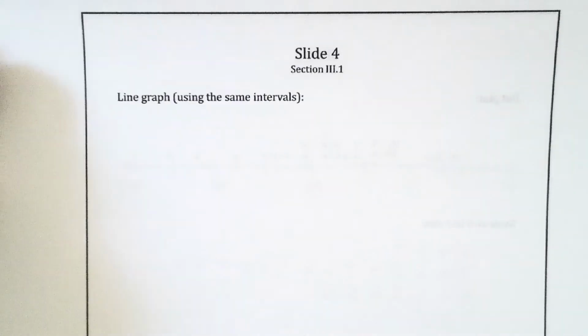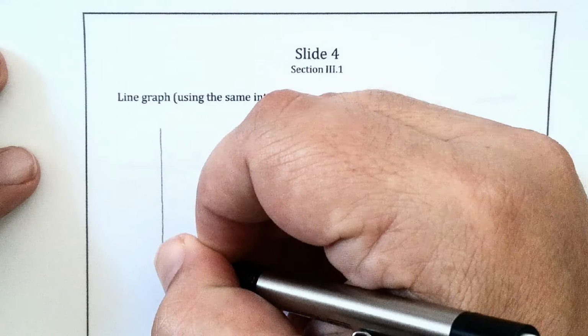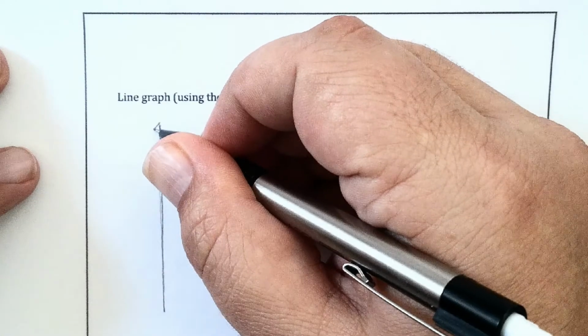Okay, so I'm going to use the same data set, same intervals. And I'm going to begin the graph just like we did the histogram, because it's actually kind of based on the histogram.